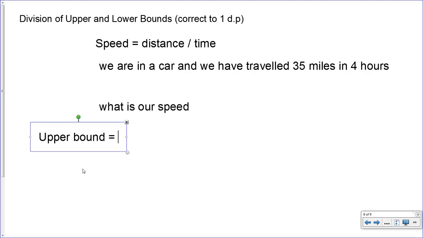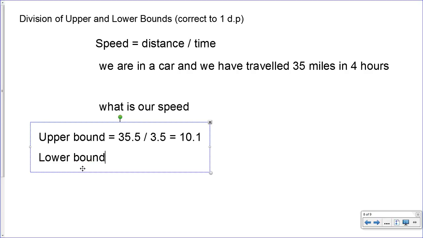So in this case, what you do is you get your biggest cake, which would be 35.5, and you want to give it to the least amount of people, which would be 3.5 hours, which equals 10.1 to 1 decimal place.